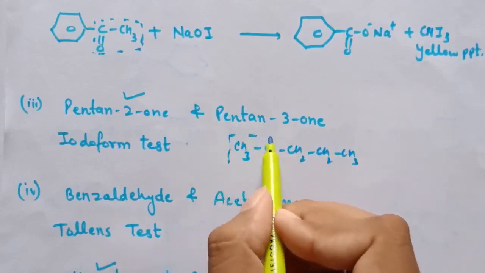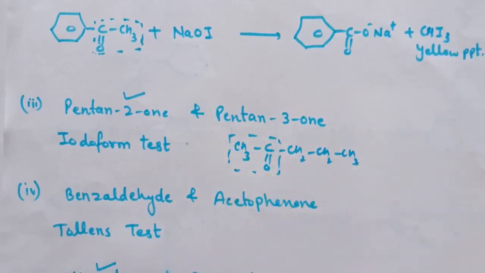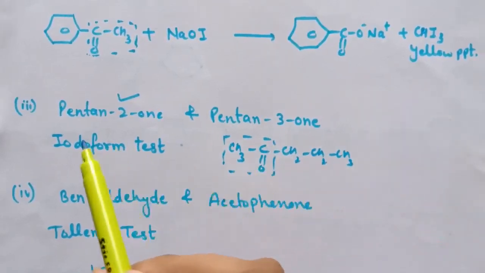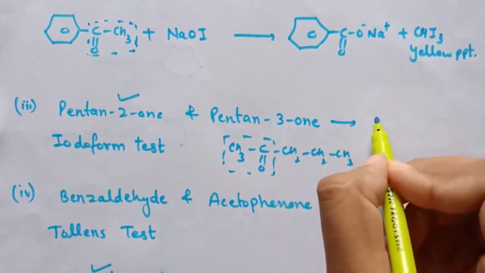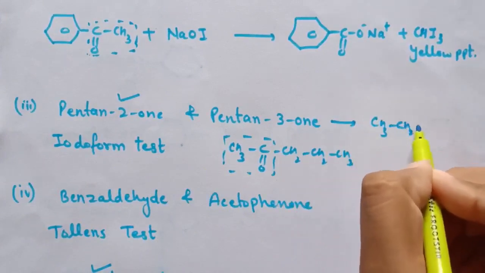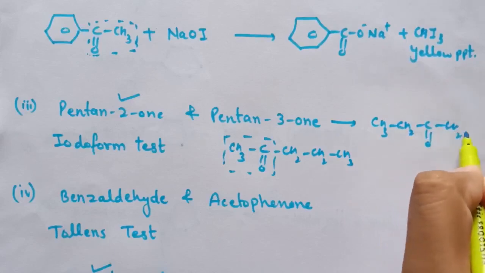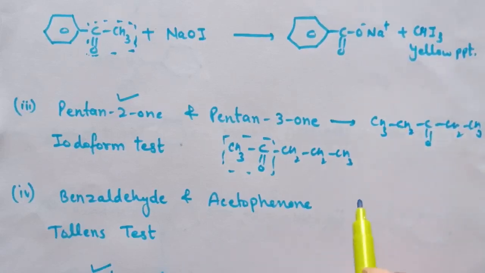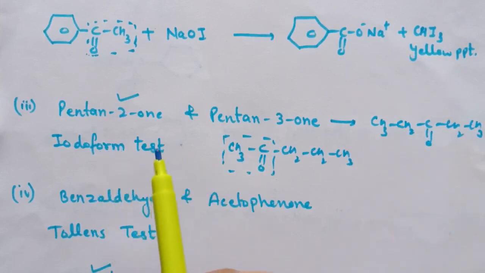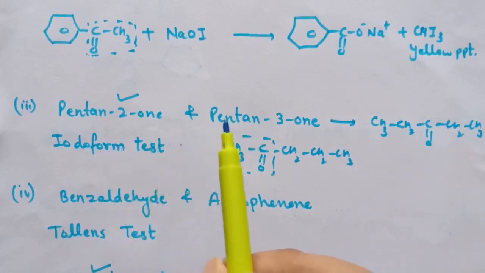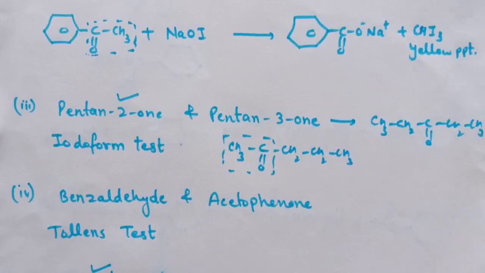In pentan-2-one, terminal COCH3 is present, and therefore it will give a positive iodoform test. Whereas in pentan-3-one, the structure is CH3CH2 CO CH2 CH3. It does not have terminal COCH3, therefore the iodoform test is not positive for pentan-3-one.